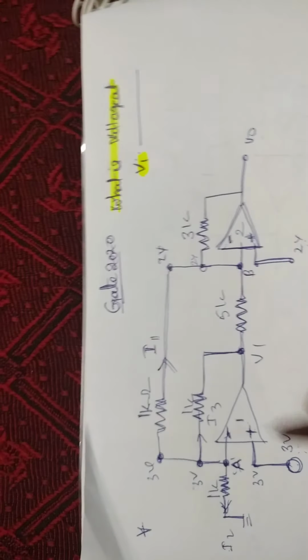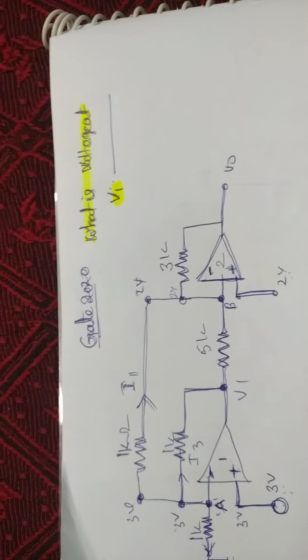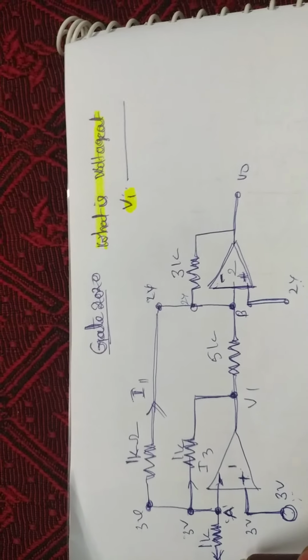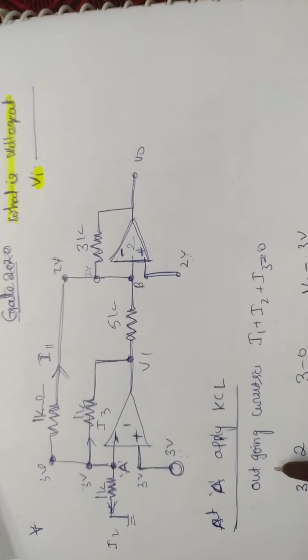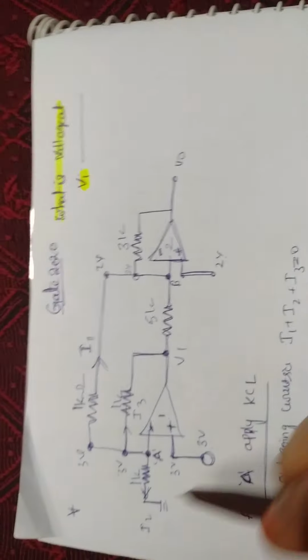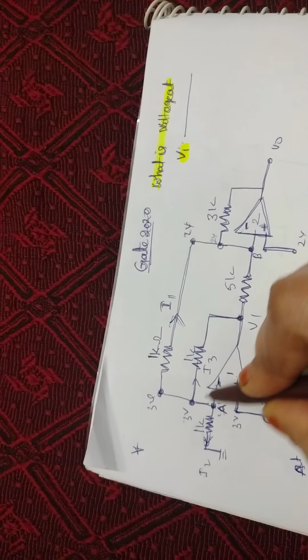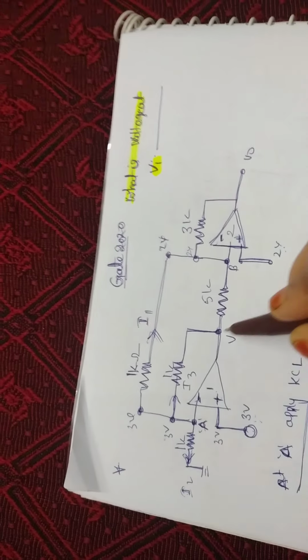To calculate the voltage at node A, we apply KCL. The incoming current entering the operational amplifier is 0. The outgoing currents are I1, the current flowing in this loop, then I2 and I3.